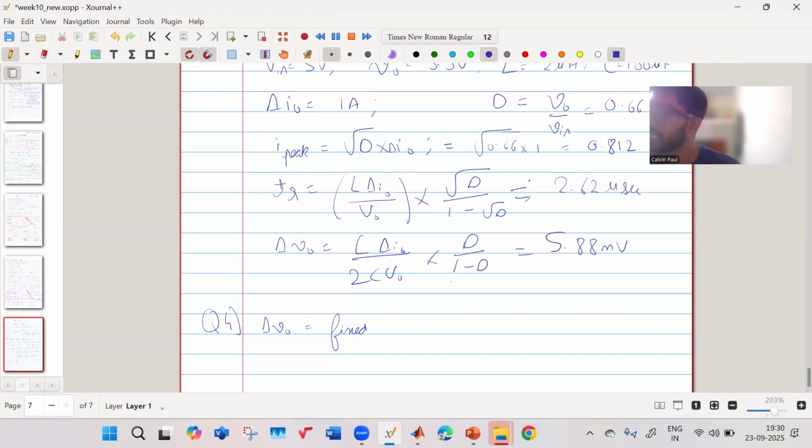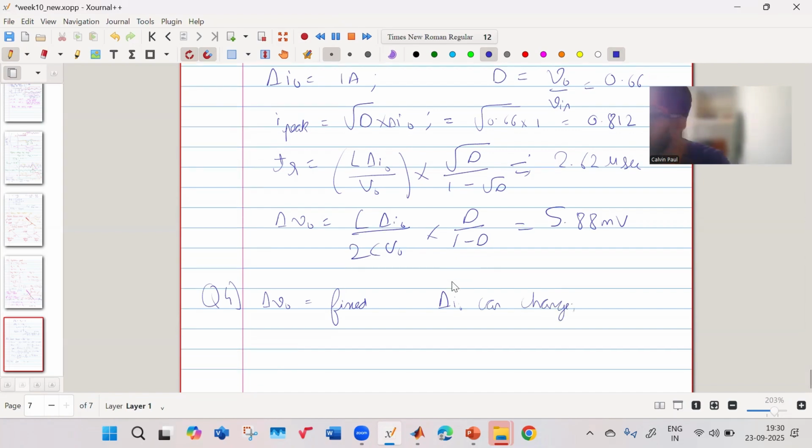So assume we fix this value, and delta I naught can change. So what is your delta V naught? It is L upon 2C into delta I naught into V naught into D upon 1 minus D.